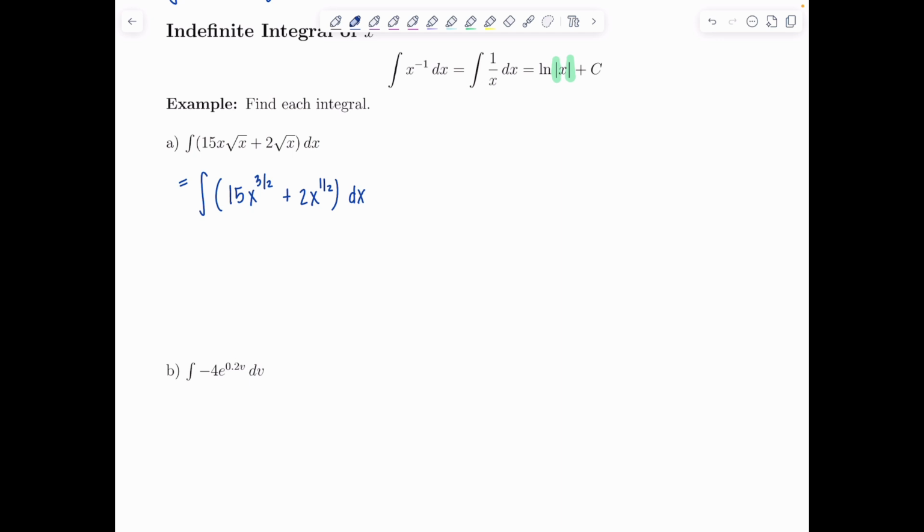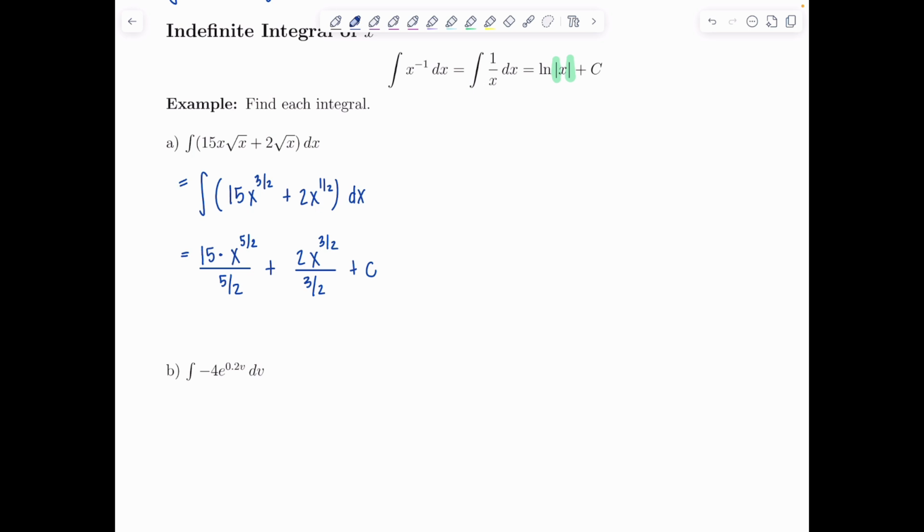Okay, and then now we're ready to take the antiderivative. The constants just come along for the ride, pay them no mind. And then add 1 to the exponent. It's going to be x to the 5/2. And then divide by the new exponent, plus 2x to the, if we add 1 to 1/2, it's 3/2 divided by 3/2 plus c.